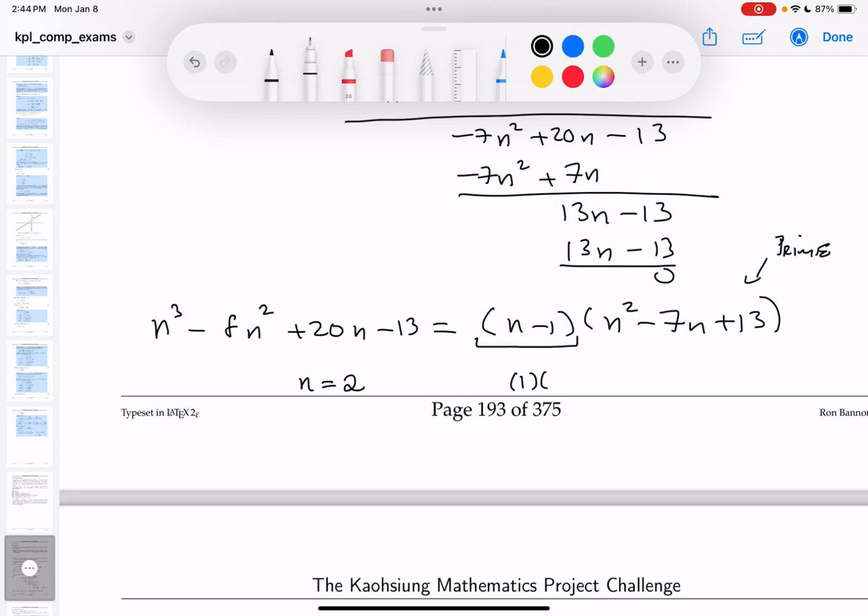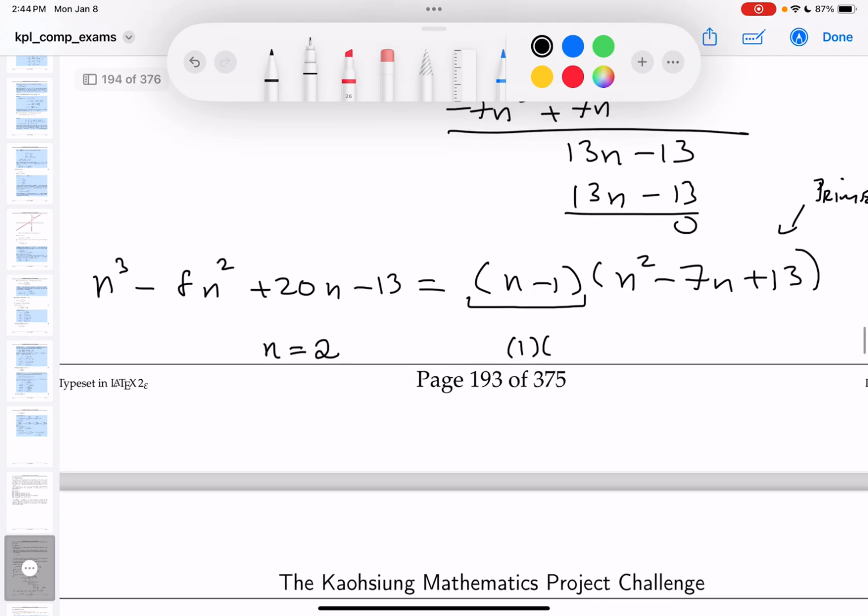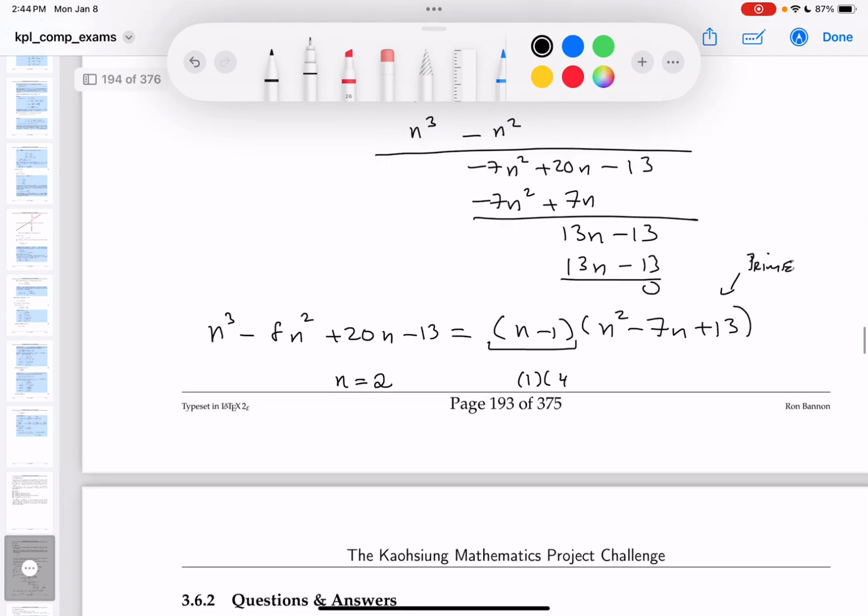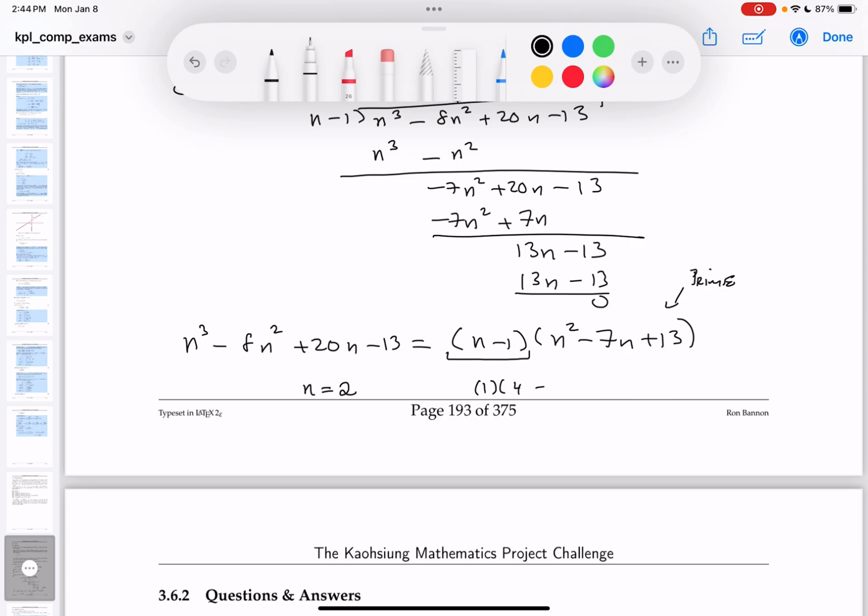And what do you get over here? You would get 4 minus 14 plus 13. I want to verify this is prime, because if it's not, I can't say n is 2. So let's take a look at that. You'd get minus 10 plus 13, which is 3. And 1 times 3 is 3, which is a prime number, all right?